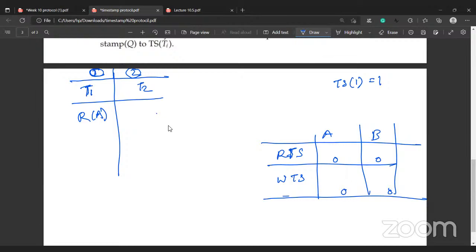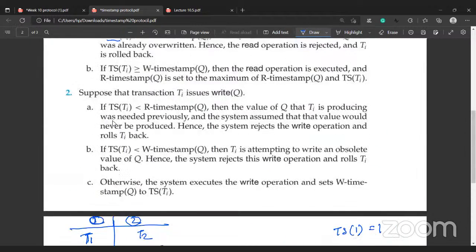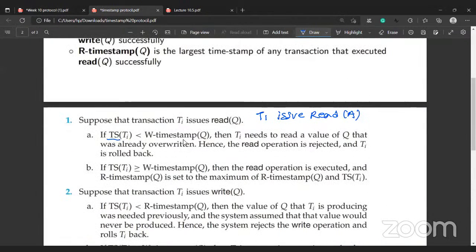So now transaction T1 issued a read operation, right? You have to check this condition for the read operation. T1 issues a read operation on data item A. The timestamp of T1 is 1, right?